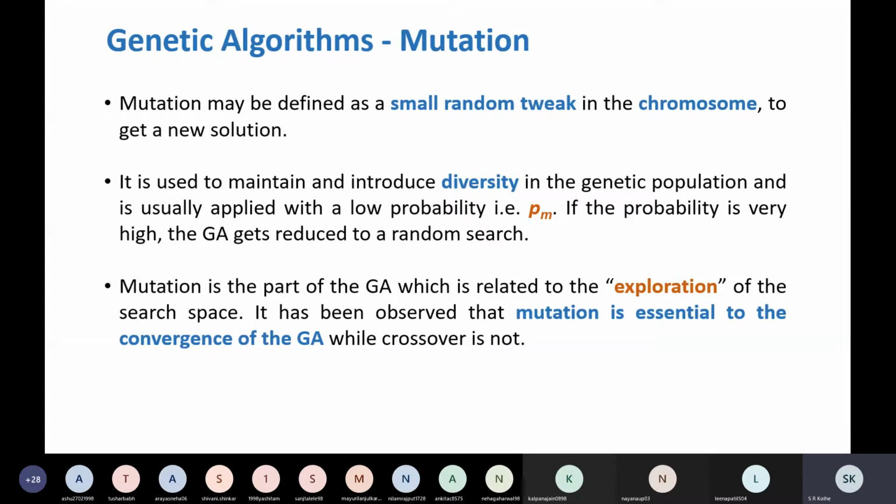Let us recall what mutation is. Mutation changes some of the bits in your solution to maintain the diversity in the population. So you can define mutation as a small random tweak in the chromosome to get a new solution. This word small is important.